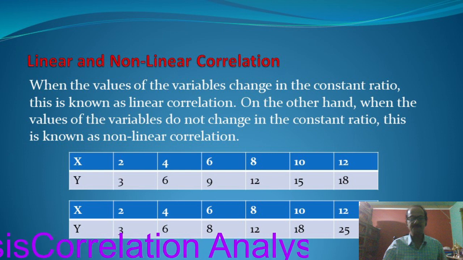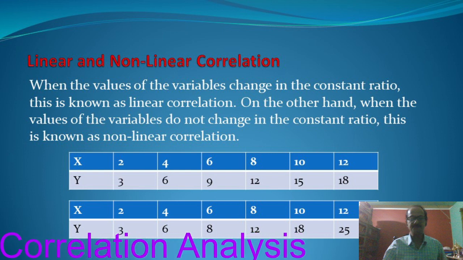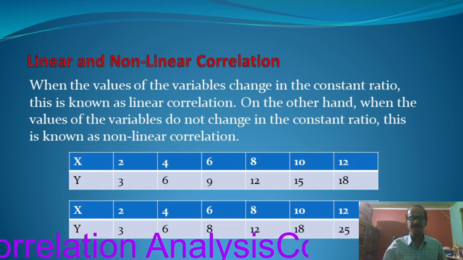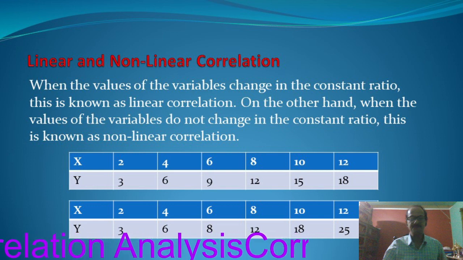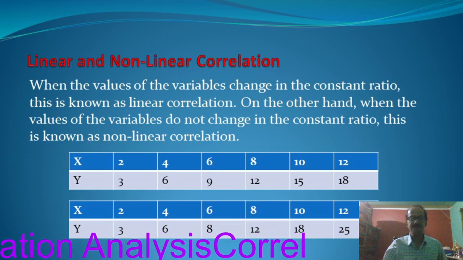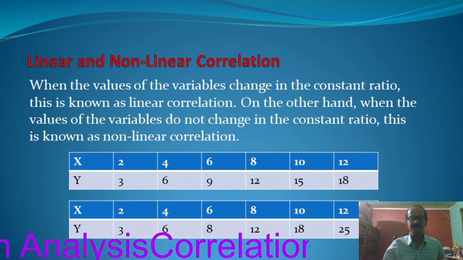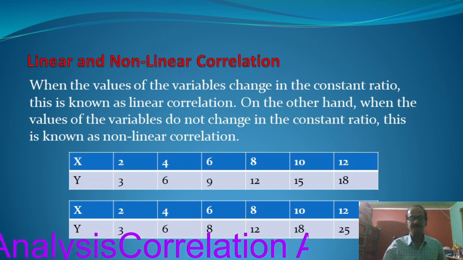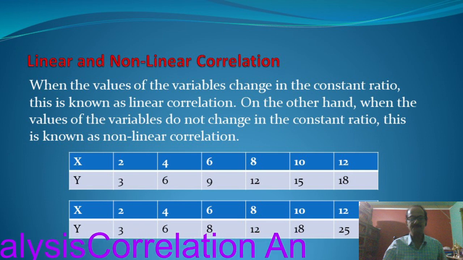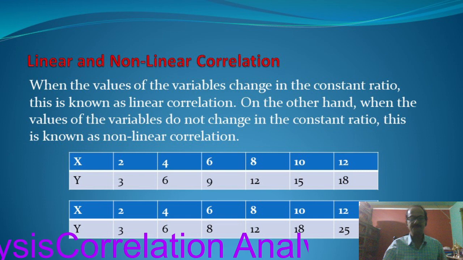Y also increases with it by 3 this way: 3, 6, 9, 12, 15, 18. So here the change is in a constant ratio. So this is linear correlation.